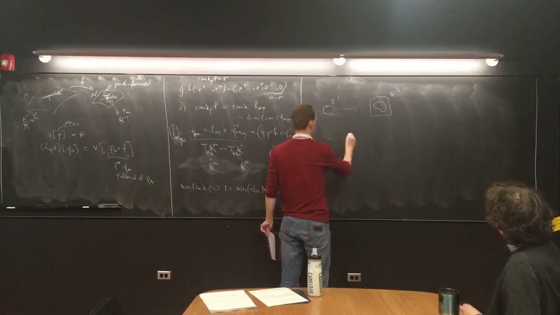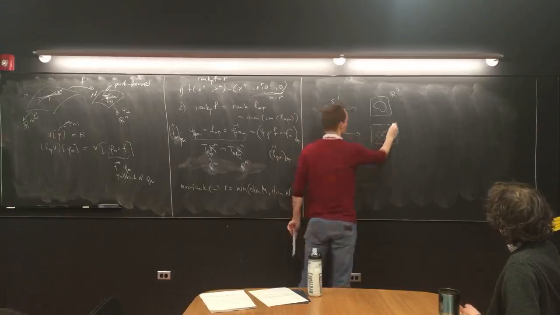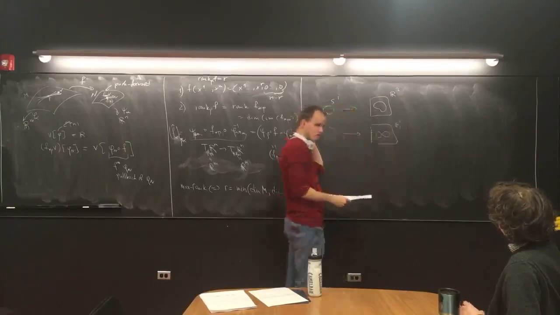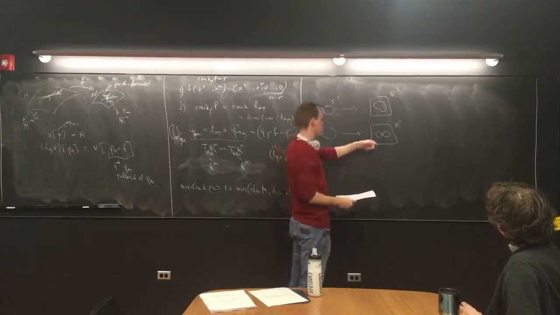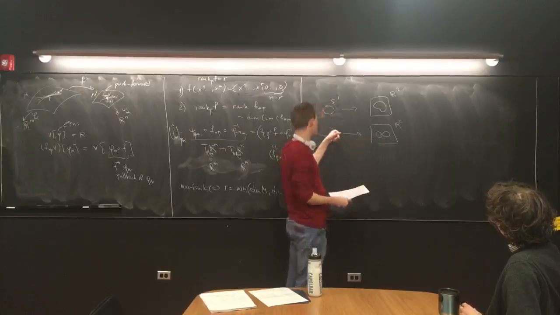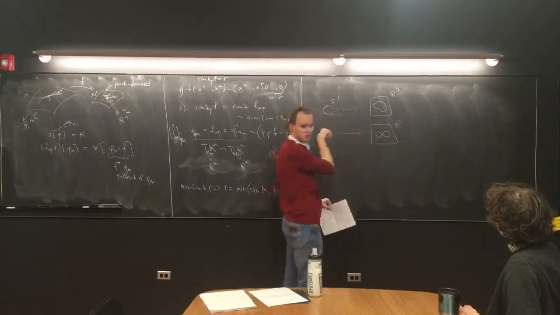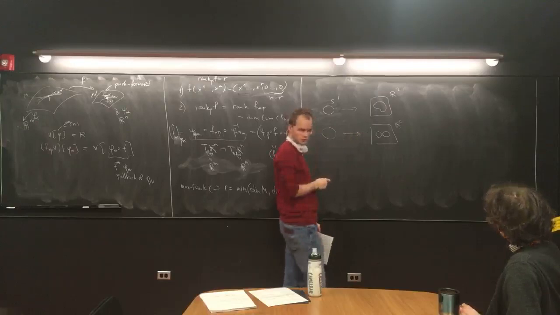So for instance, this map that maps the circle to the figure 8 in R2 obviously is not even injective, so it's not an embedding, but it can be an immersion. As long as the derivative along the angular coordinate of this map is not 0 anywhere, that's going to be an immersion.